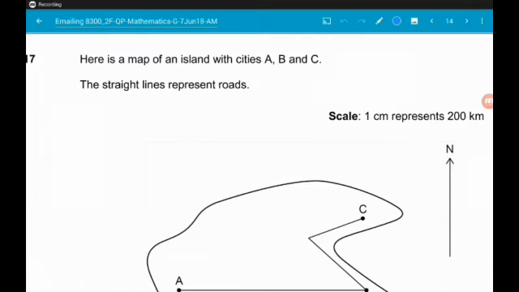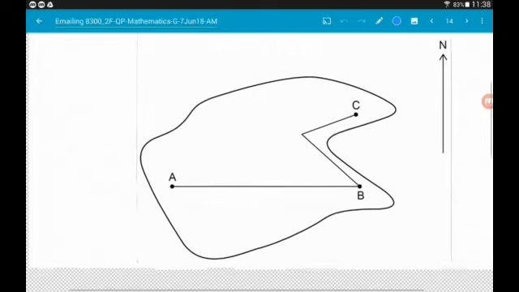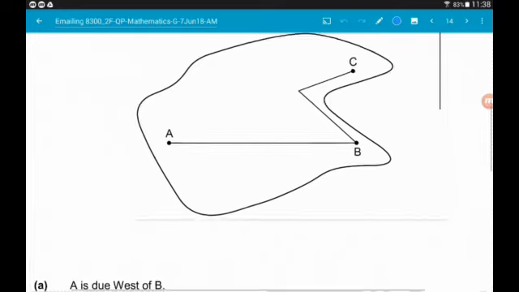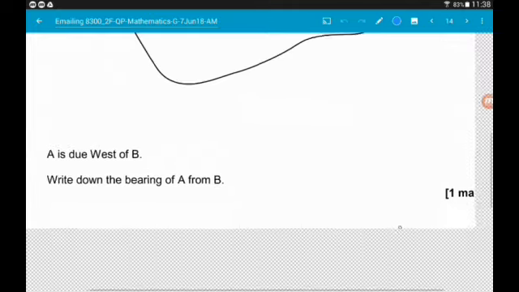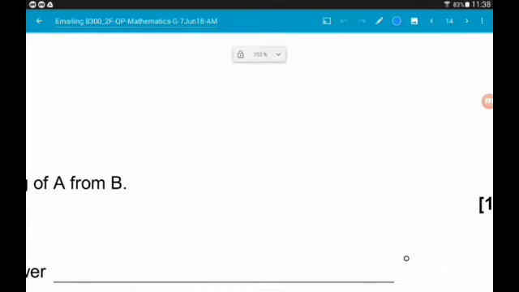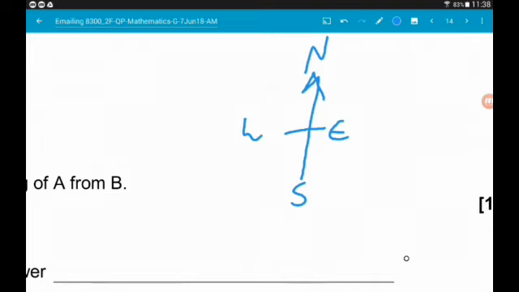17, we got a map of an island with a scale of 1 centimetre represents 200 kilometres. So we got cities A, B and C. We're told that A is due west of B. We want to write down the bearing of A from B. So with bearings, we got north, east, south, west.